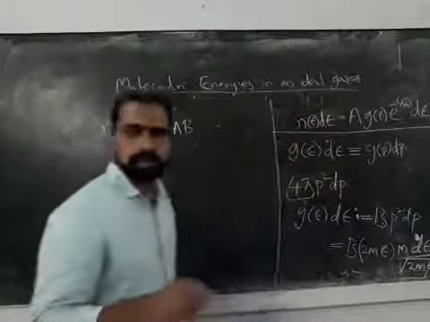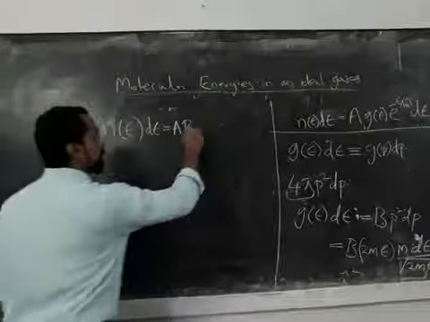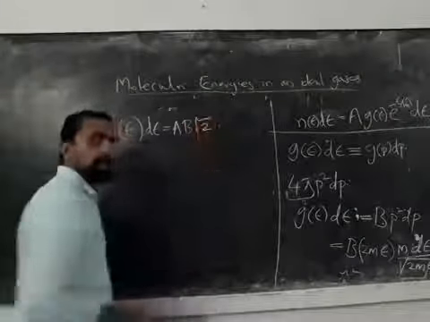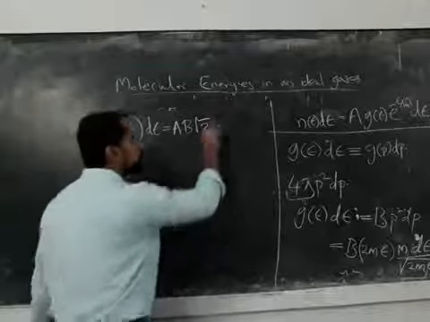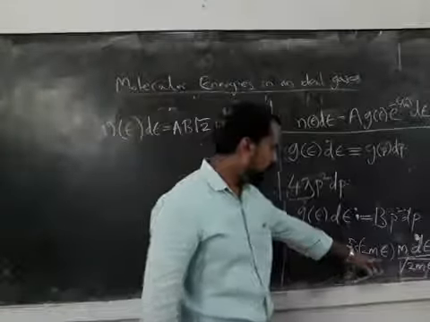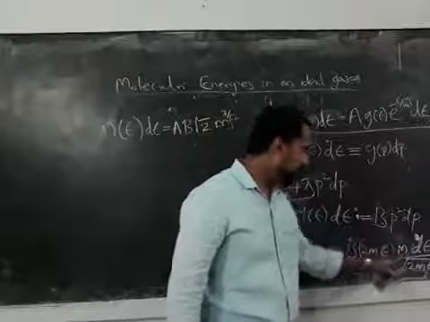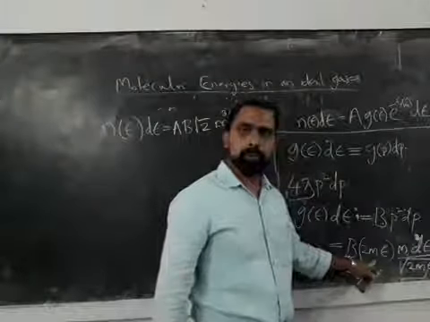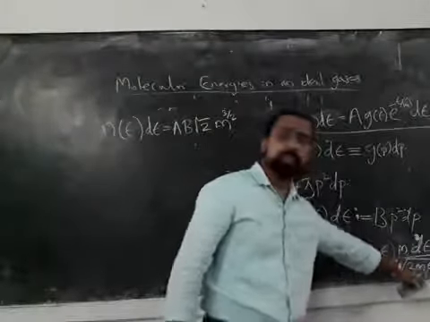Taking everything into consideration, square root of 2, m raised to 3 by 2, because m squared is in the numerator and root m in the denominator.